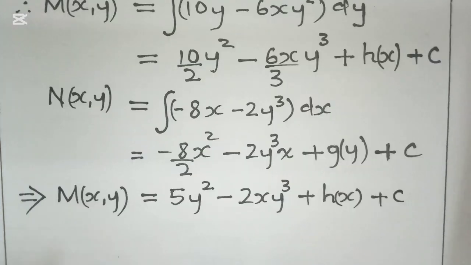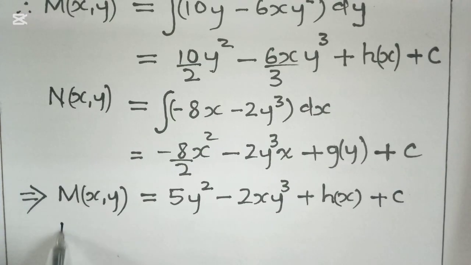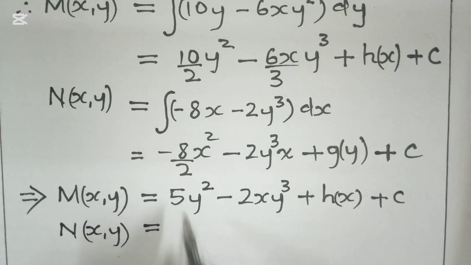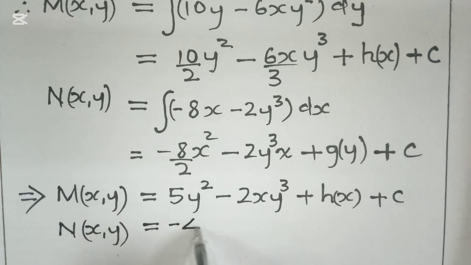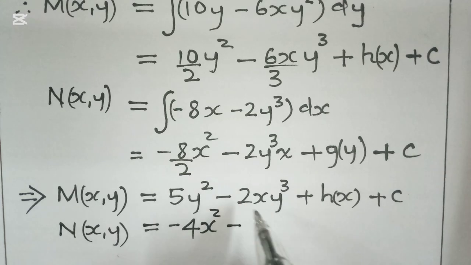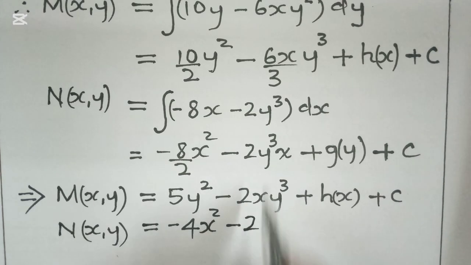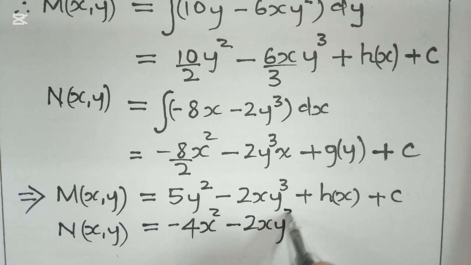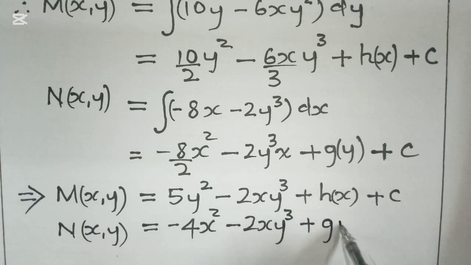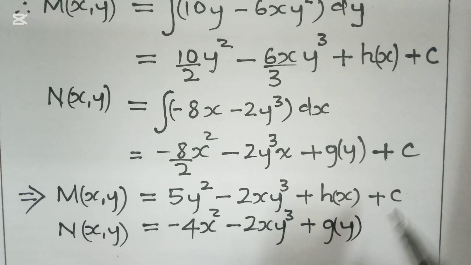And then we have N(x,y), this is now going to be equal to minus 4x squared minus 2xy cubed plus g, this is a function of y, now plus c.